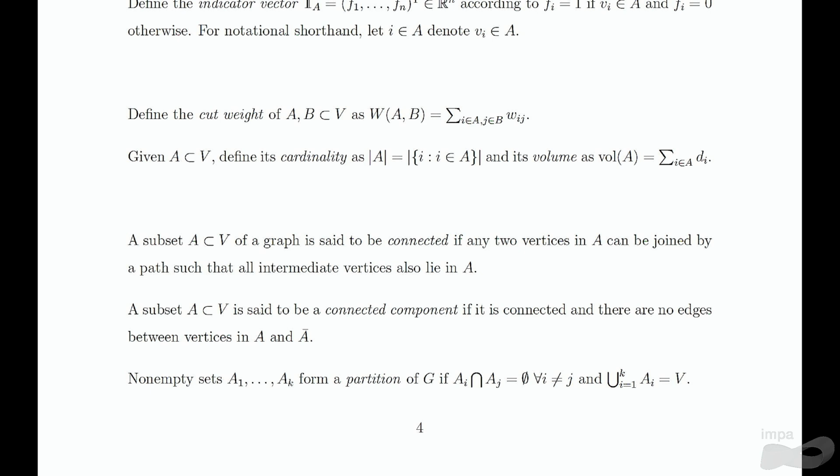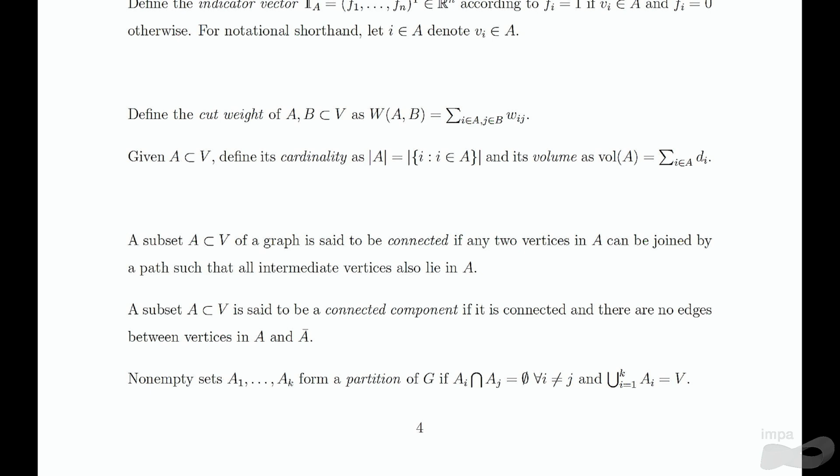So a subset A of vertices in our graph is going to be said to be connected if any two vertices in A can be joined by a path where all intermediate vertices are also in that set. Okay. A connected component is going to be a subset of vertices so that it's connected, but there are no edges between vertices in A and its complement.